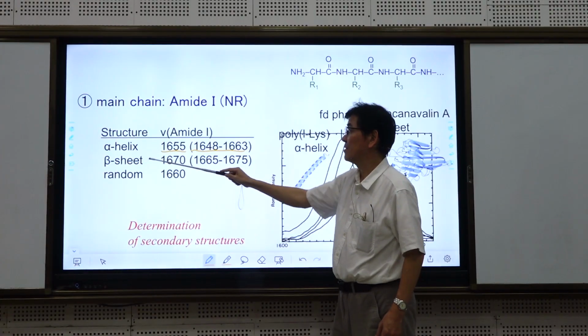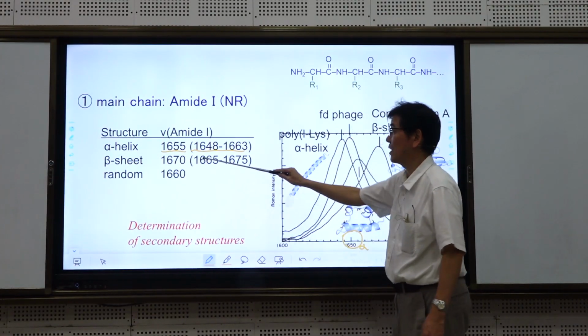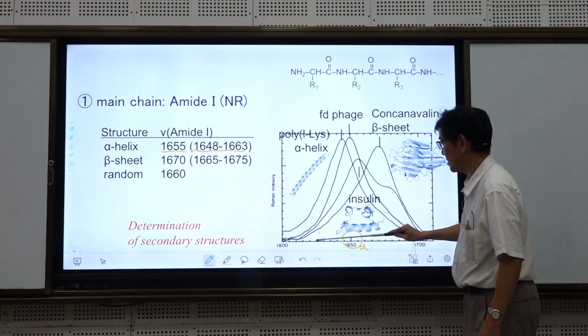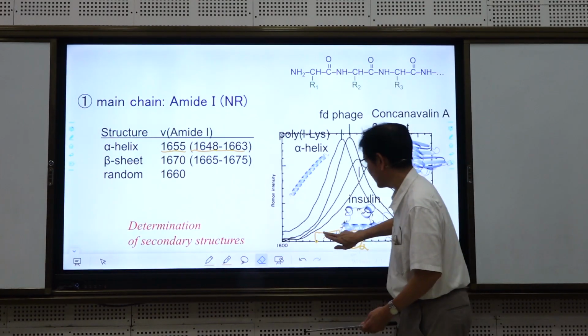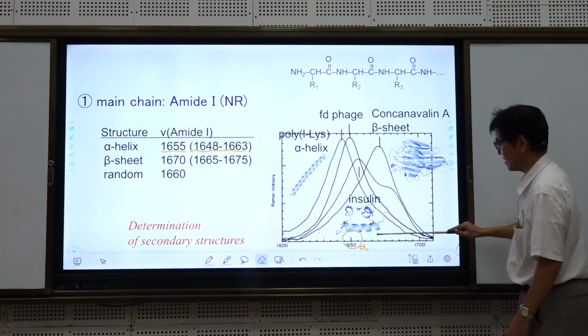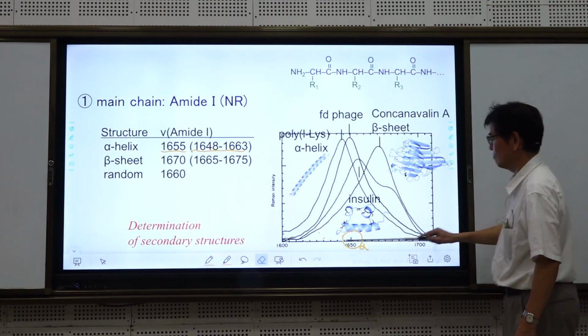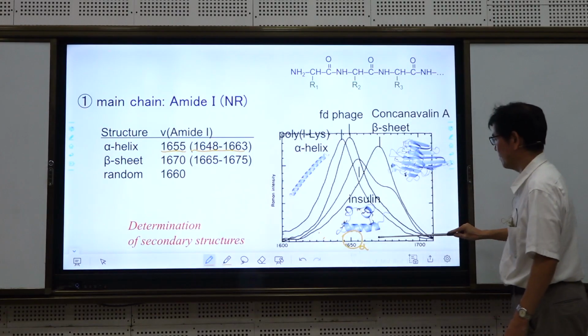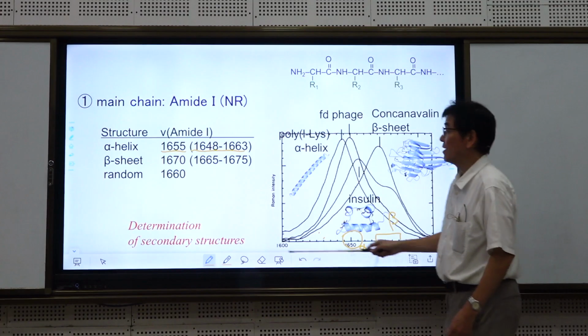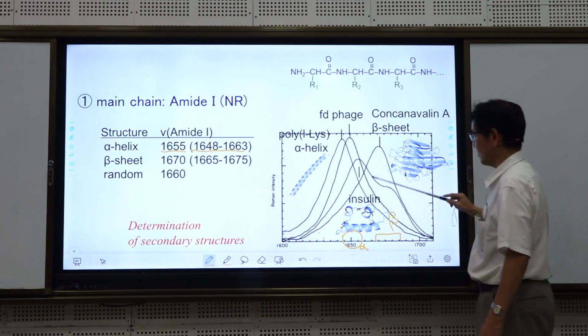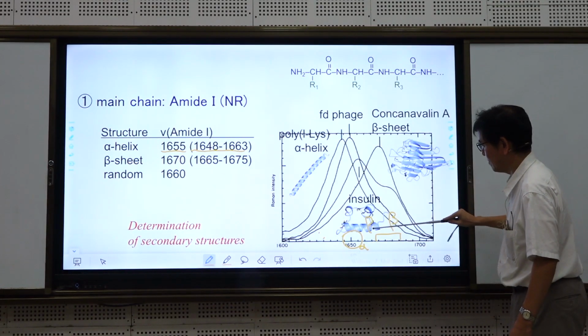Beta sheet gives the peak at 1670 or a higher region. So in this region, higher is here. This region, beta. And the random structure is in between.